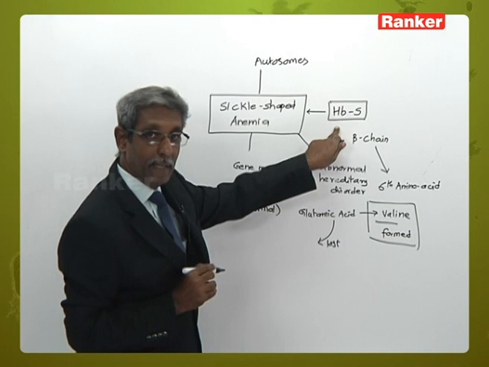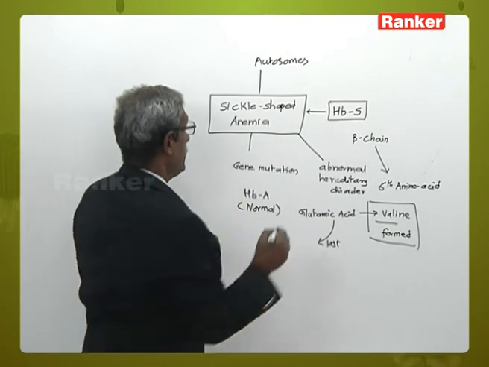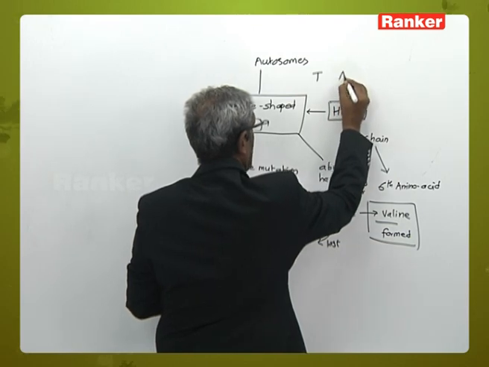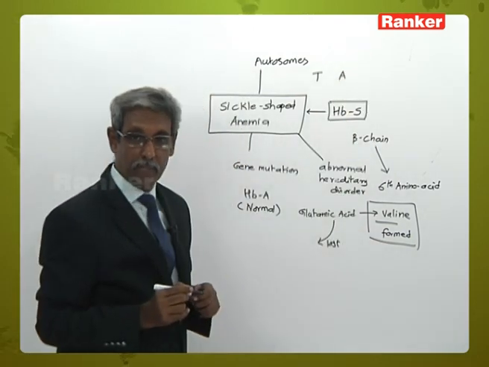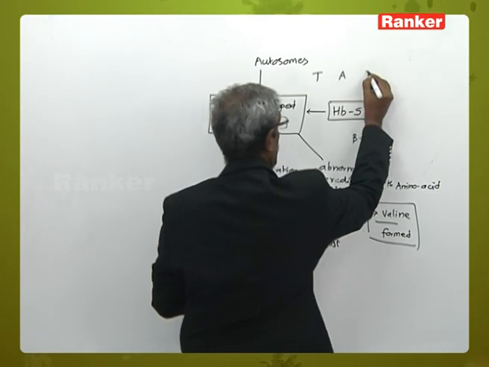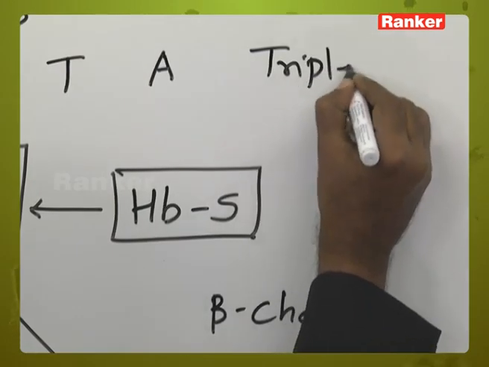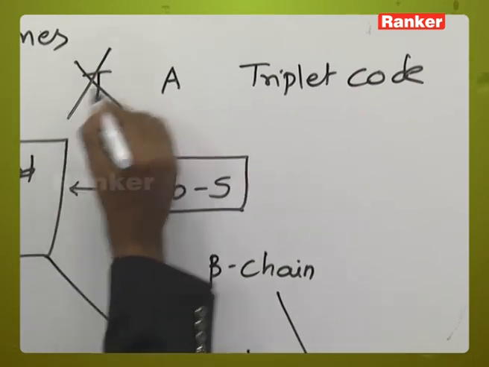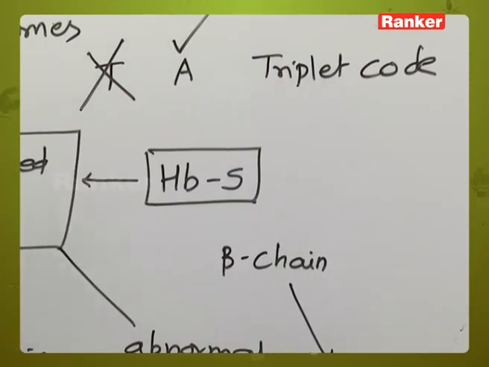So in genetics, thymine is substituted by adenine in the triplet code. So in the triplet code there is no thymine, whereas adenine is added.